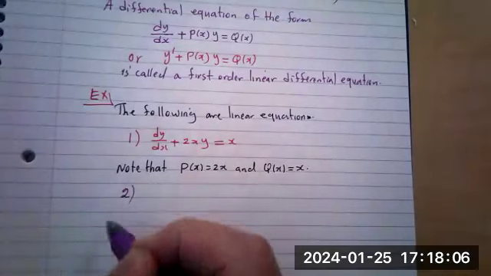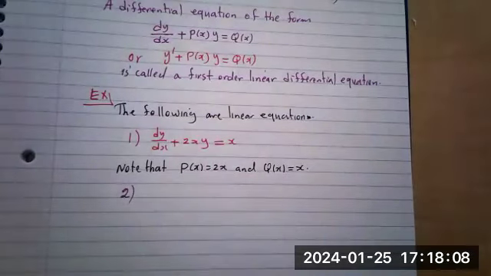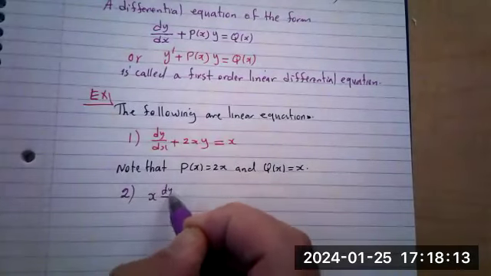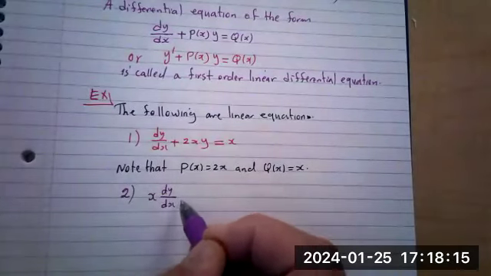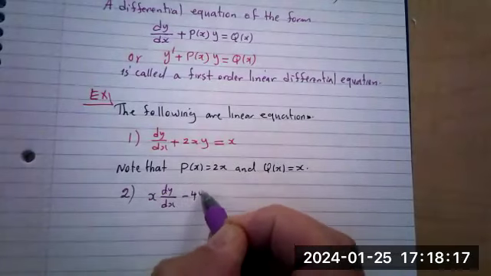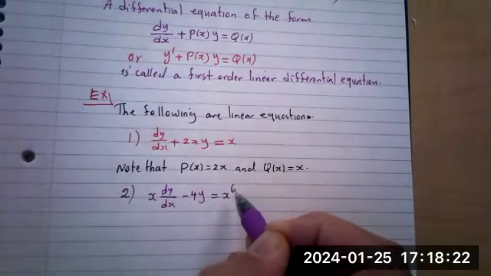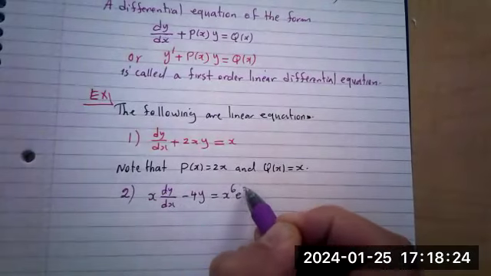Second one, this is a little bit different. It's x dy/dx minus 4y equal to x to the 6th e to the x.